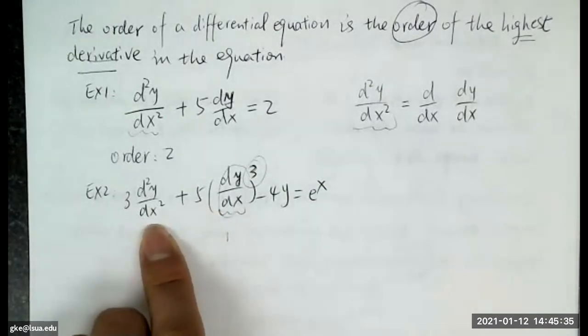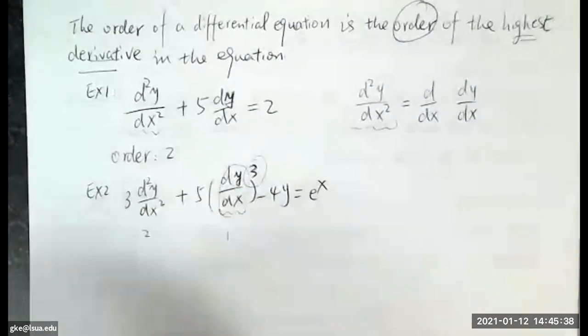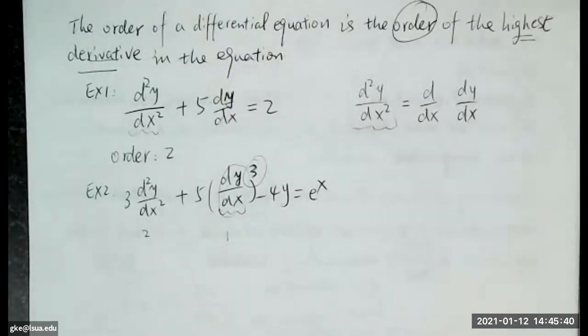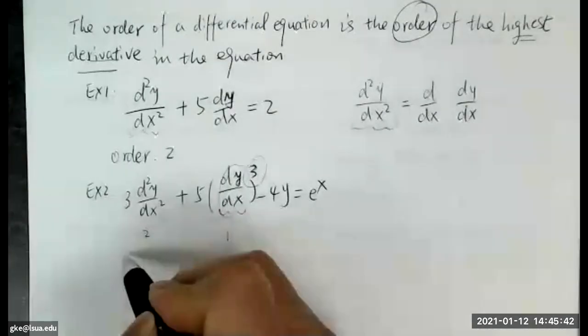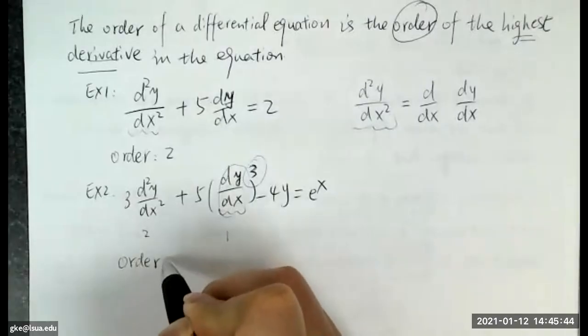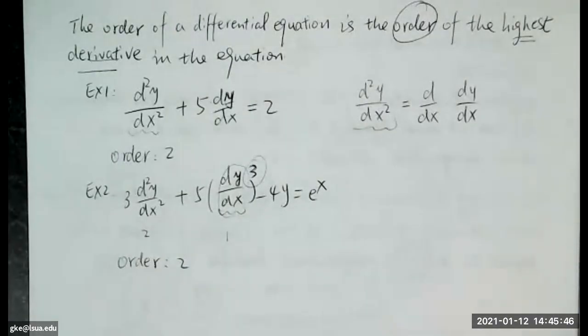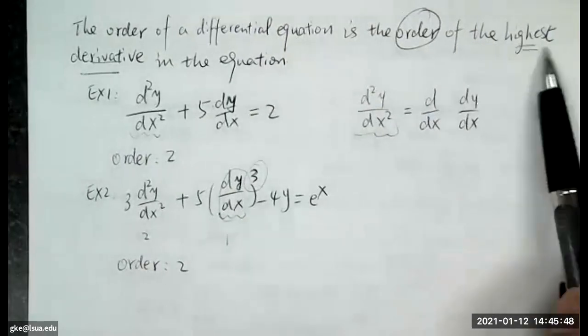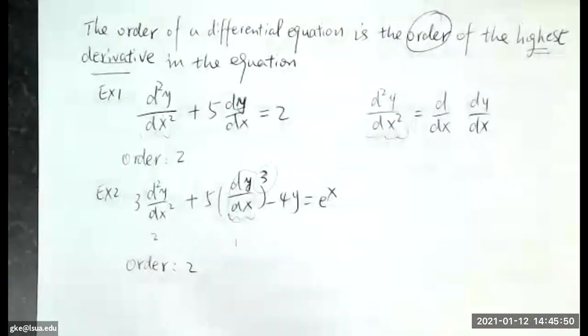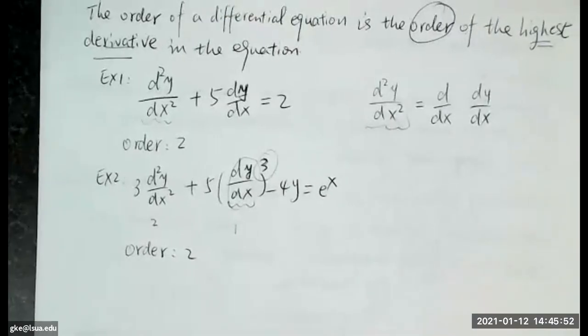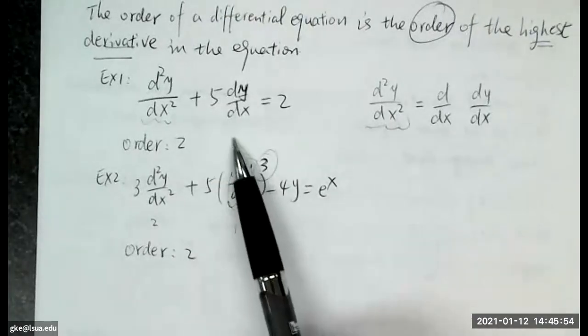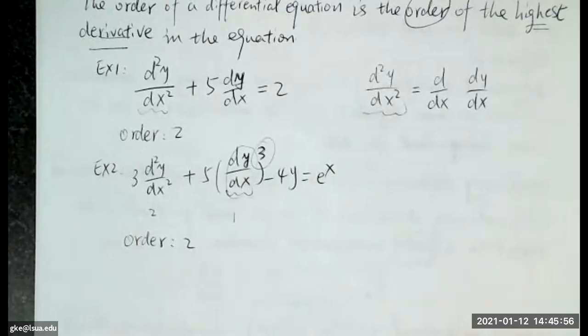However, for this term, we do the derivative twice. So that means the order is 2, not 3. Based on definition, we see the highest derivative, right? It's not the highest power, right? So be careful of the definition.